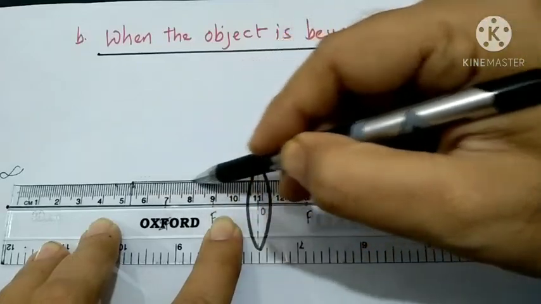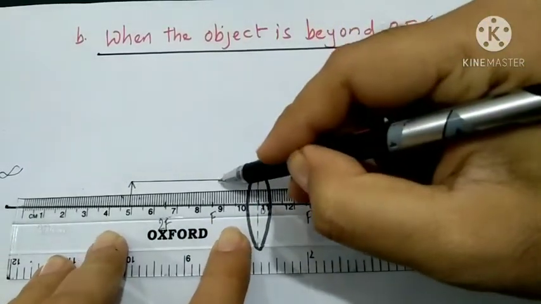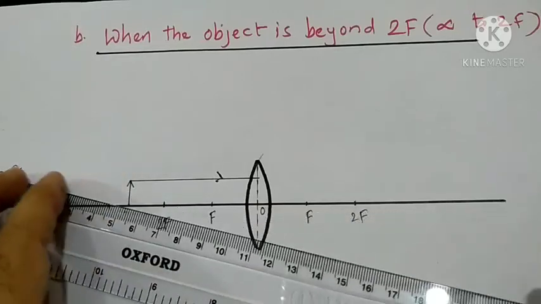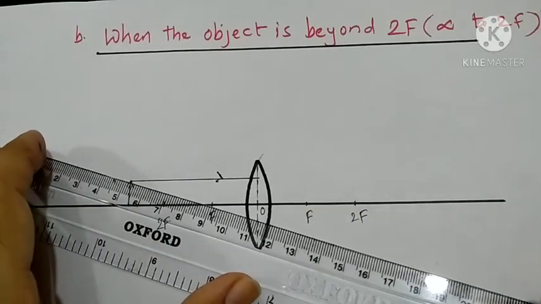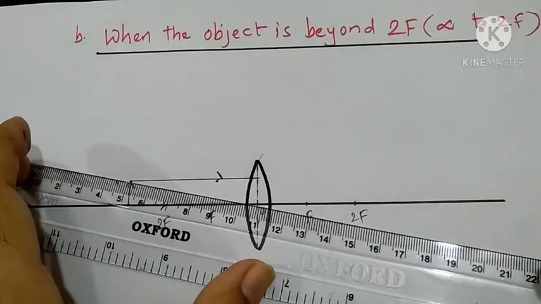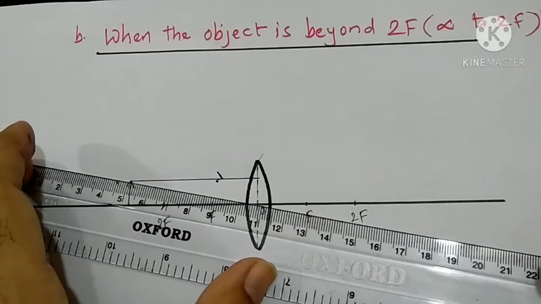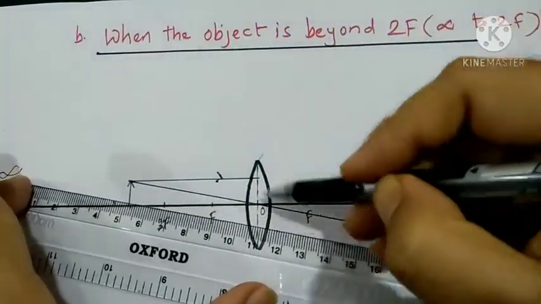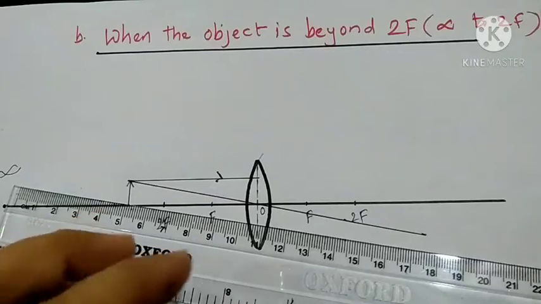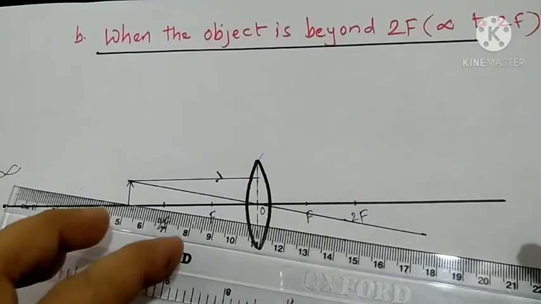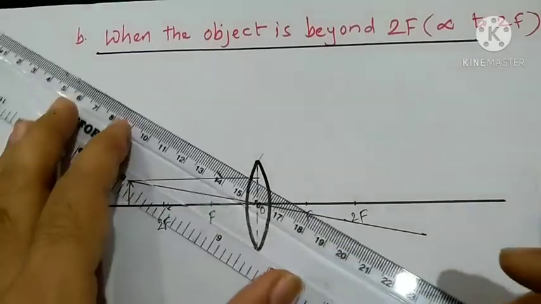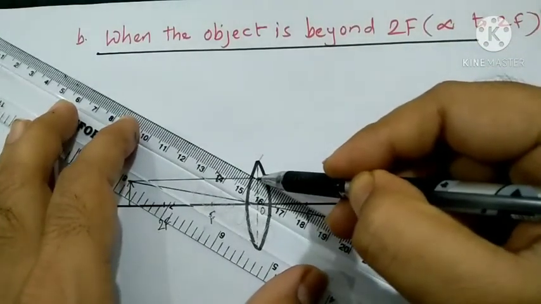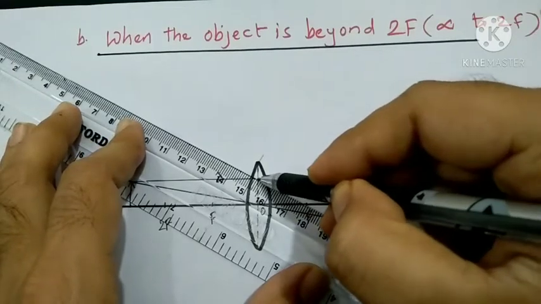What convex lens does here, it converges the light ray, and rule number 1 says the parallel light ray after refraction passes through focus.